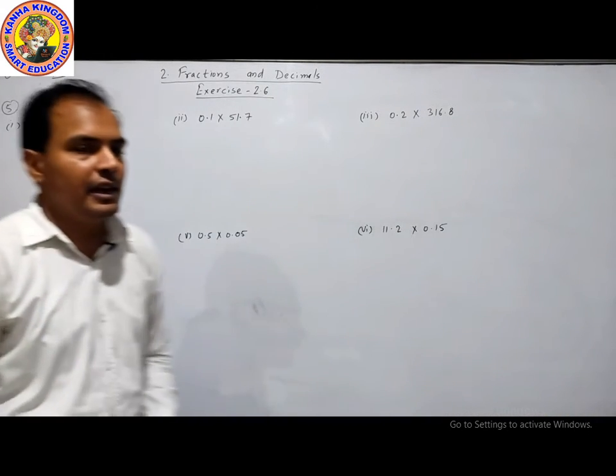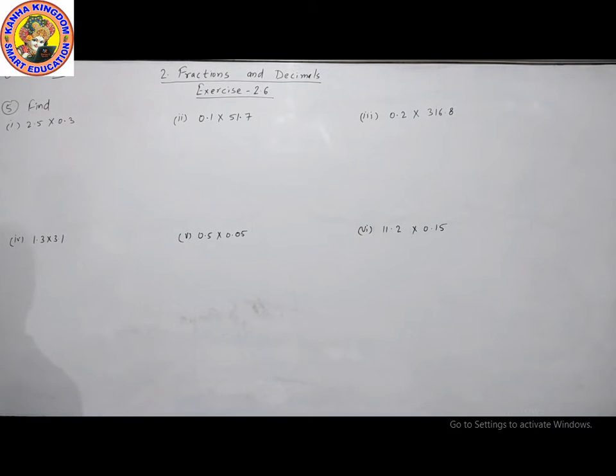Now our next question is question number 5. Find the multiplication of these. Here are two numbers, both are decimal numbers. We will find the multiplication of these. First 2.5, second 0.3. The sign is multiplication. 3 into 5 is 15. 3 into 2 is 6 plus 1 is 7.